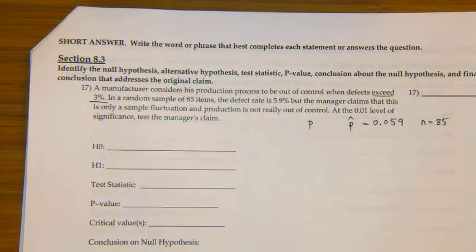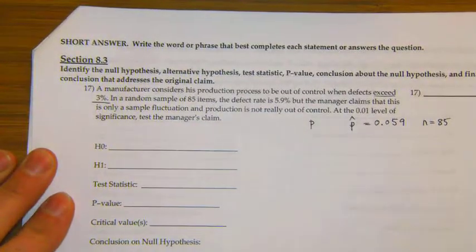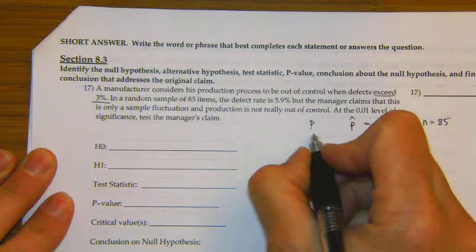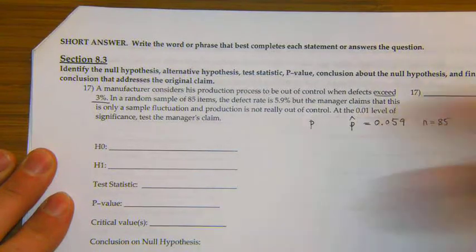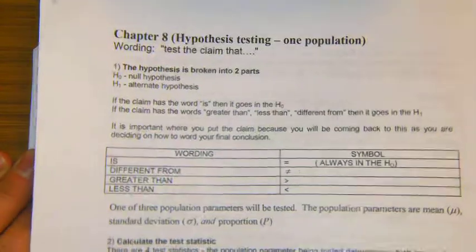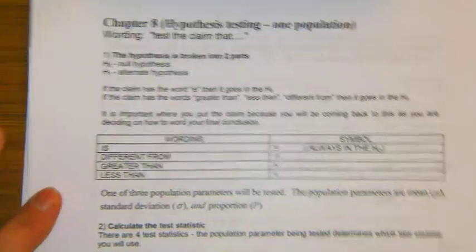Okay, so this is the same type of problem we had before. We're looking for the proportion. What is the calculator command we're going to use here? Looking for a proportion, it's the very bottom over here.